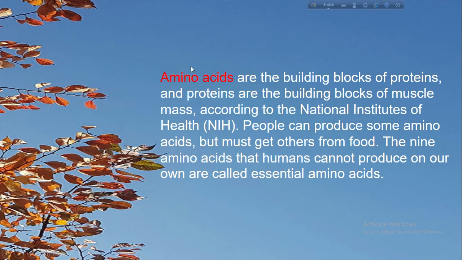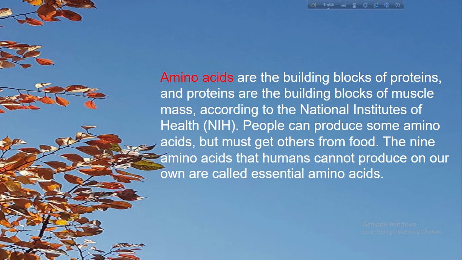Now what is an amino acid? Amino acids are the building blocks of proteins, and proteins are the building blocks of muscle mass, according to the National Institutes of Health. People can produce some amino acids but must get others from food. So not all amino acids are formed inside our body.